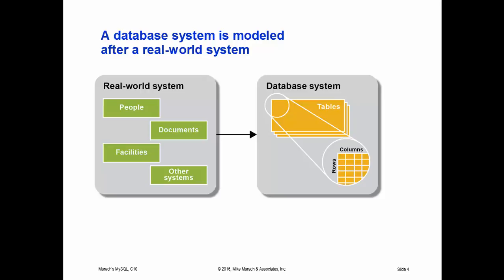So what they're getting to here, and I think you can all look at it and understand, but really what the author is basically saying is that a database is kind of a reflection of what's going on in the real world. In the real world, you might have a system where very much of it was done with paper documents.